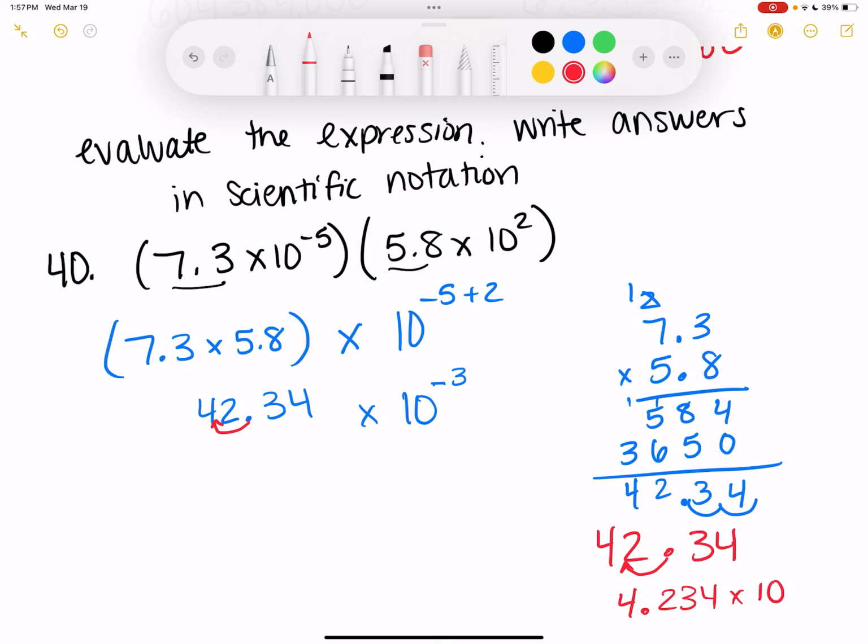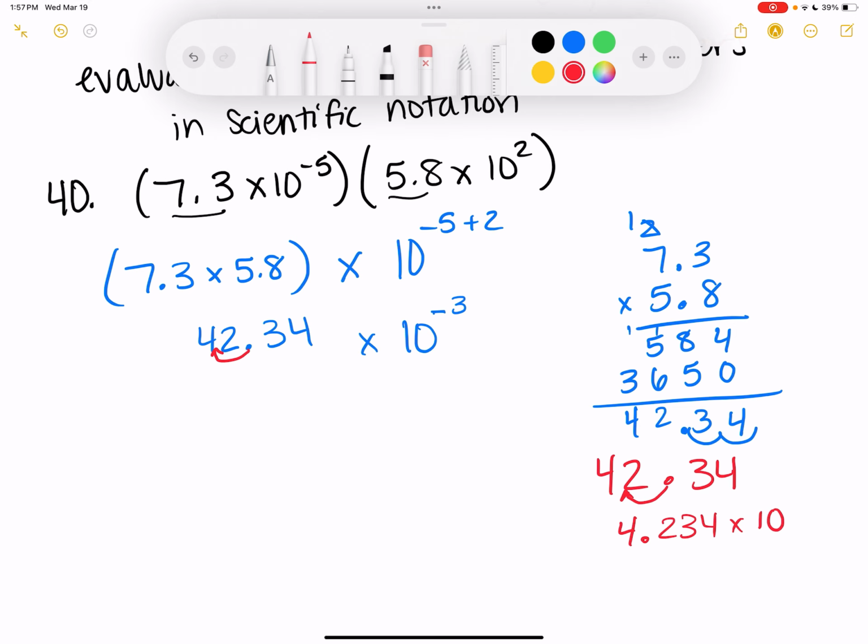It just moved one space. 10 to the 1. Yes. Okay, so now I have up here 4.234 times 10 to the first times 10 to the negative 3.